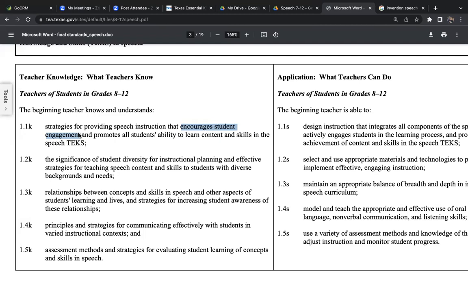So in order to engage students, and that's just pedagogy, that part is not specific to just speech, right?